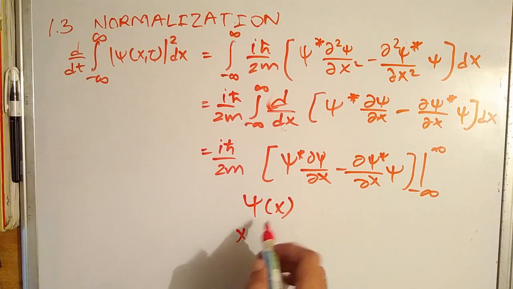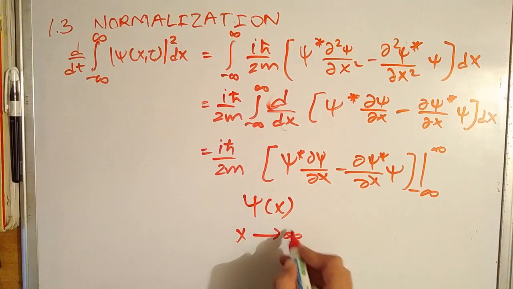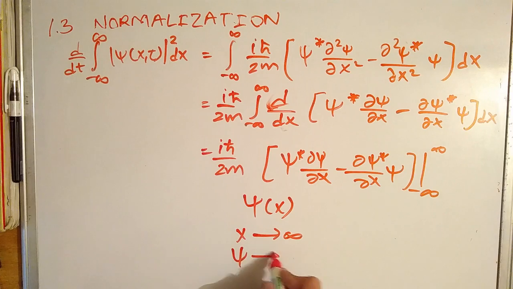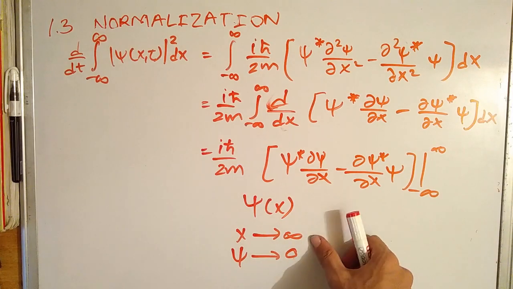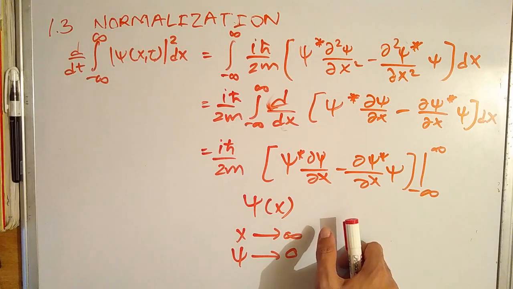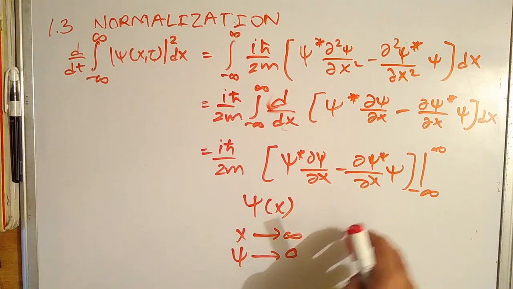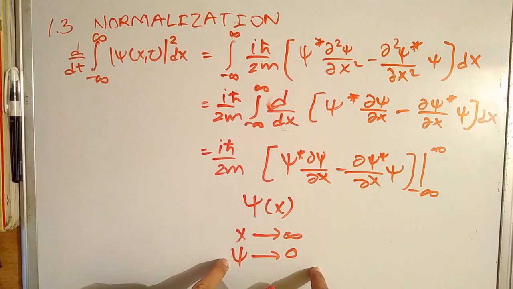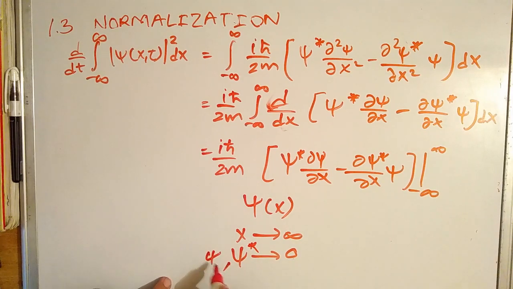So as x goes to infinity, the wave function must go to 0, because if the particle's wave function exists at x equal to infinity, then the wave function is non-normalizable. We don't want that, so psi must go to 0 as x goes to infinity. The same goes for psi star also. Both psi and psi star must go to 0 when x goes to infinity.